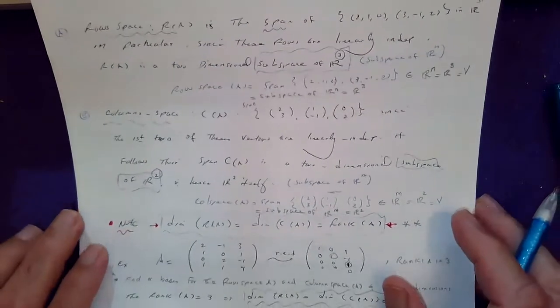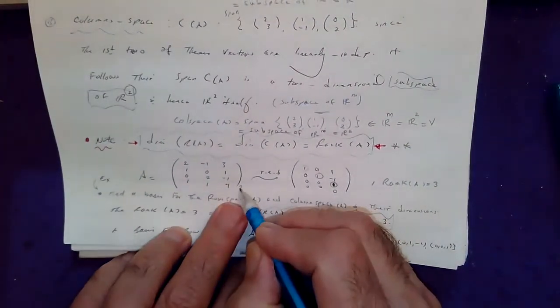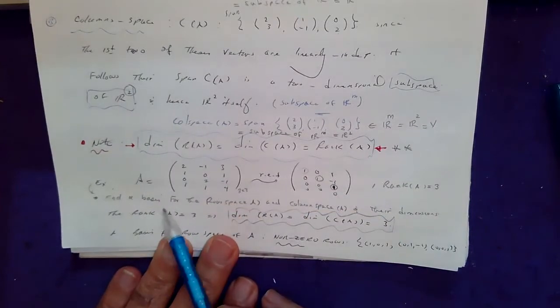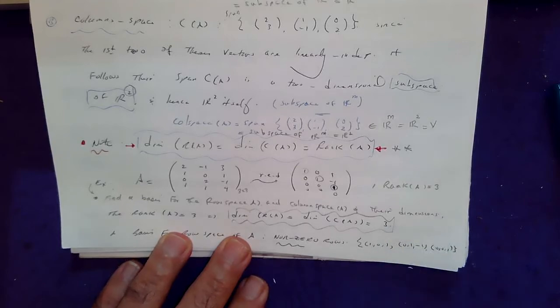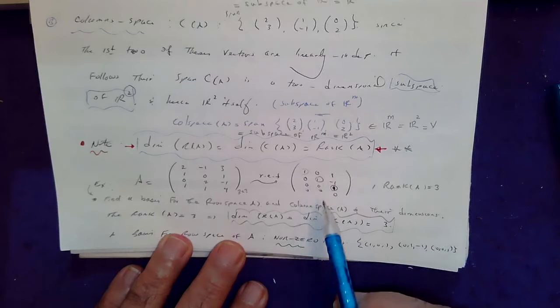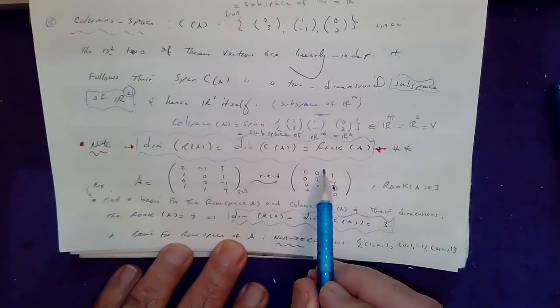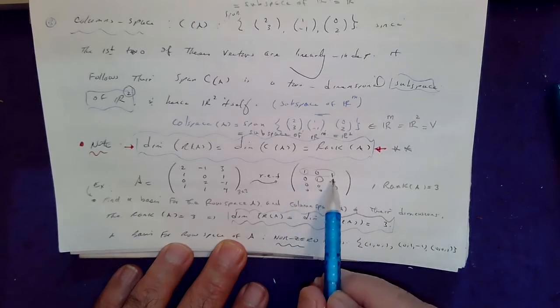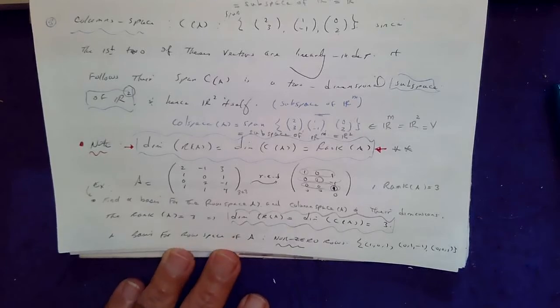So how do you find a basis for any given m by n matrix? Here's the example. This would be 3 by 3. The question is, find a basis for row space and column space and determine the dimensions. So what you do, you put this in row echelon form, and you select the non-zero rows in the row echelon form of the matrix.